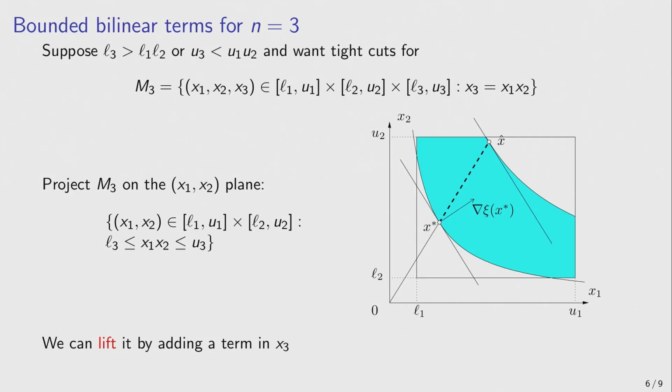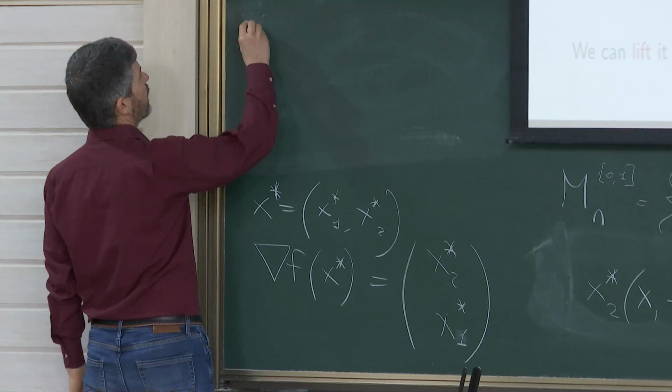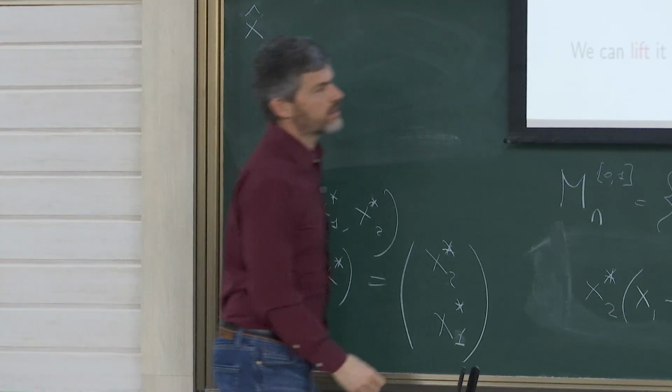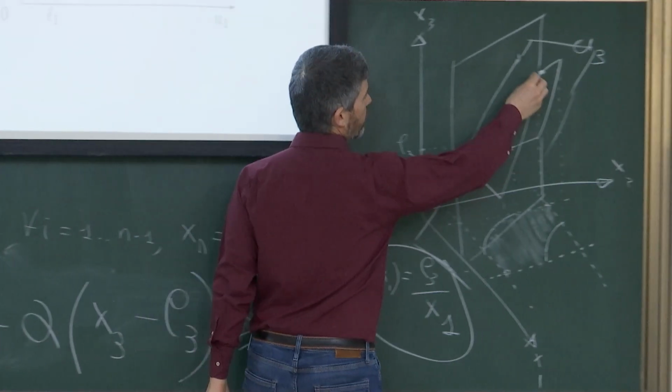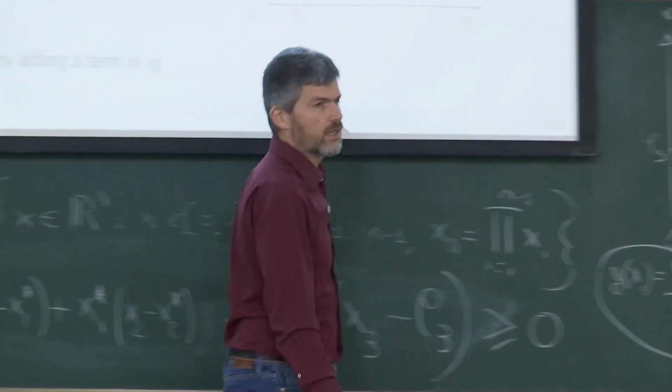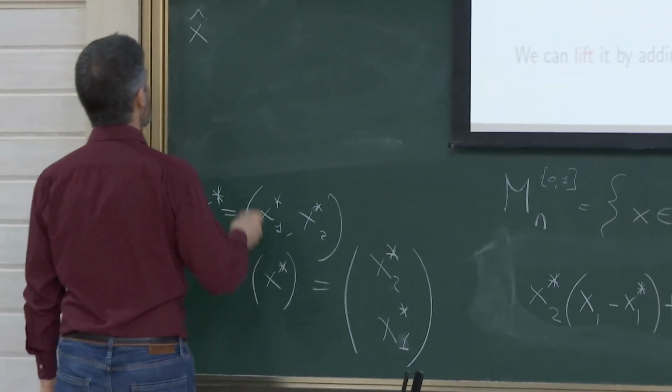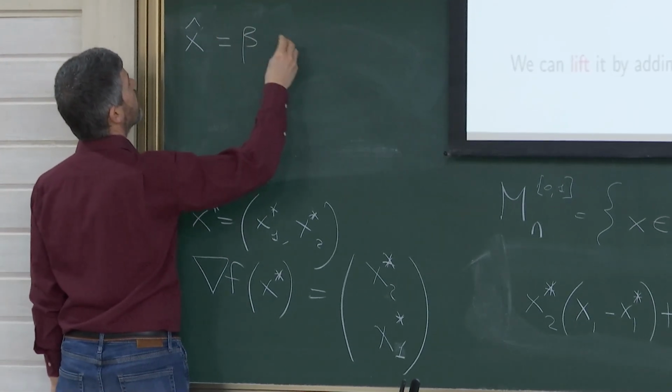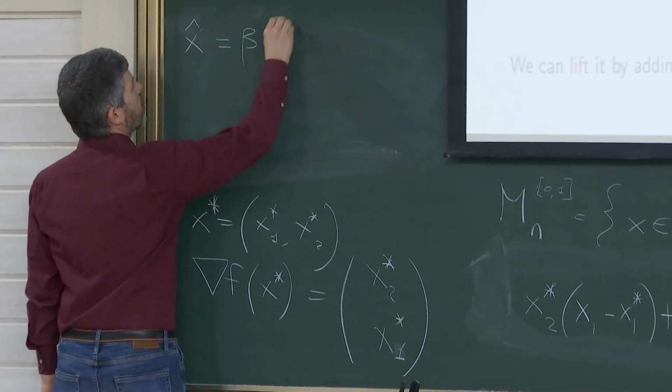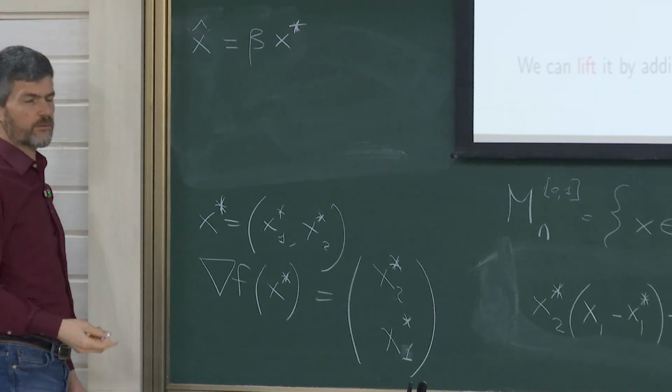We need to find the point where the line touches. That's very easy to find for one reason. If this is x star and it touches the curve, then x hat over there is just a multiple of x star. And actually, if x star, we don't know what x star is, x hat, let's say the contact point on the upper cross section, is going to be a beta x star, for reasons that are very easy to prove.